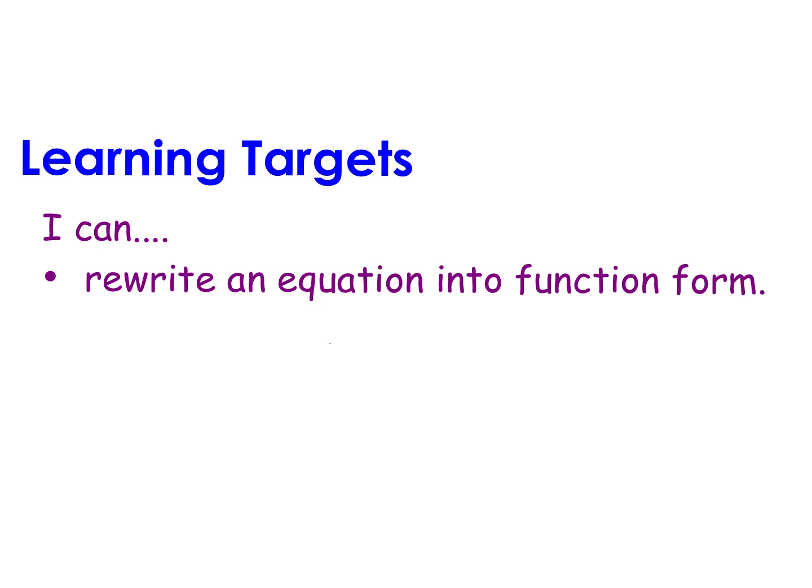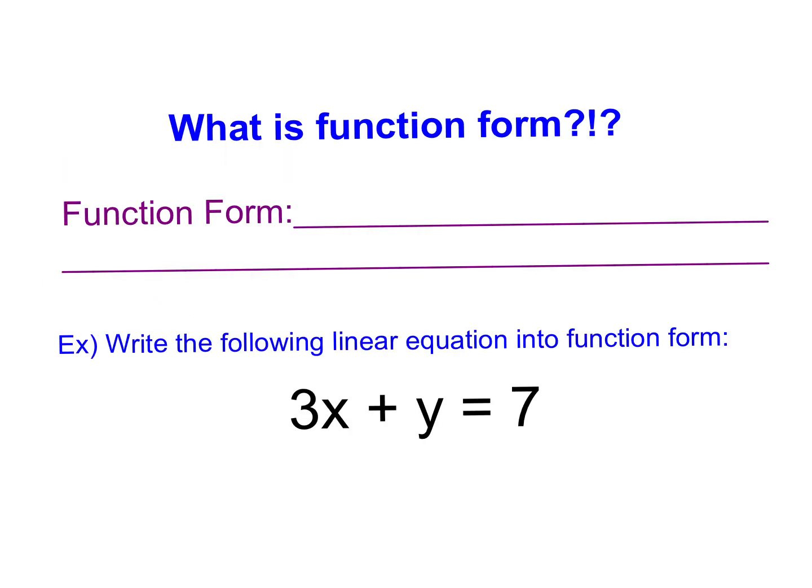In this video, we'll be learning how to rewrite an equation into what is called function form. So the first thing you might be asking is, what on earth is function form?